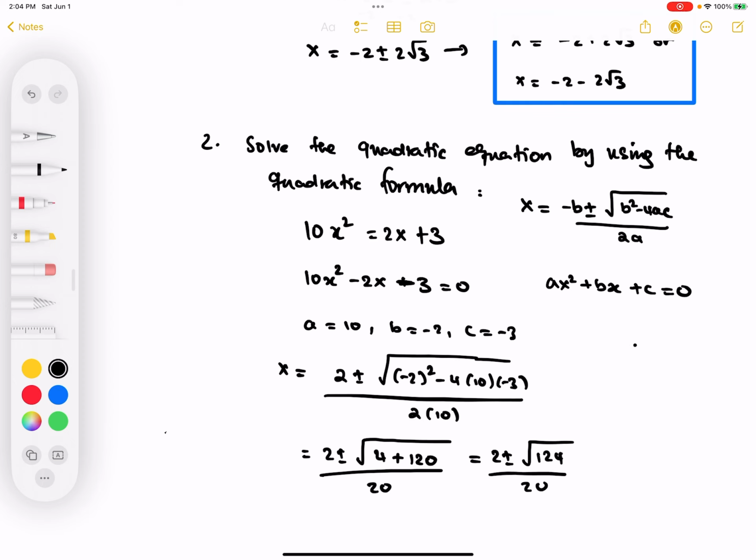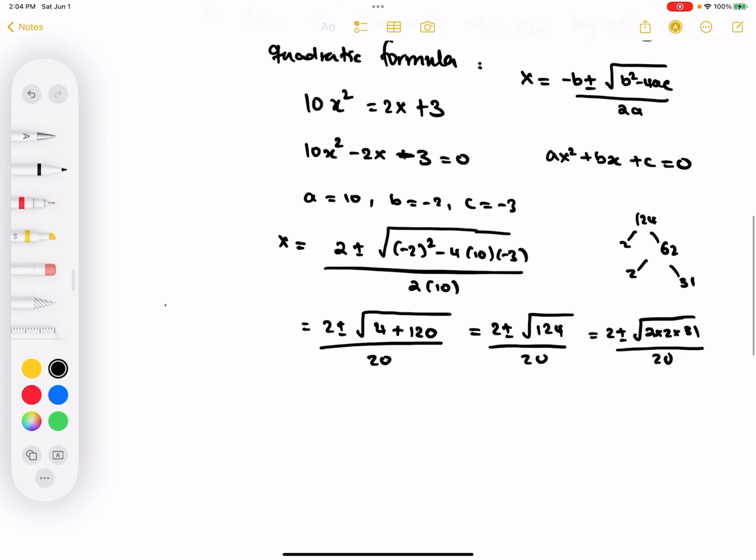So look at 124 divided by 2 is 62, divided by 2 is 31. So the square root of 124 can be written as 2 root 31, over 20.